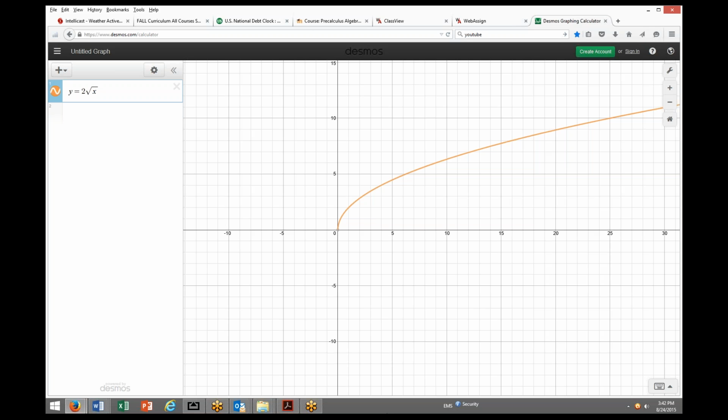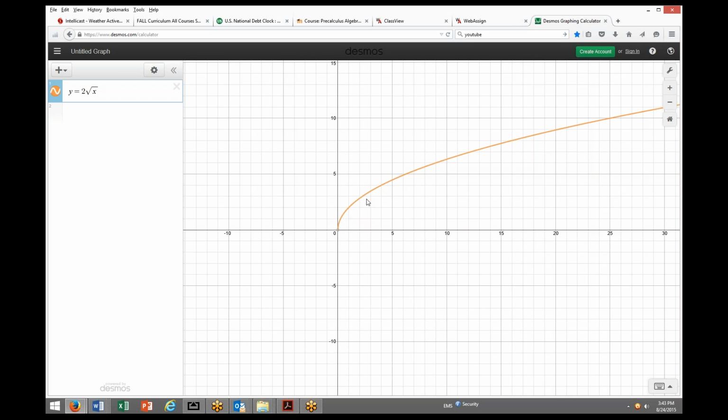So when x equals 4, y should equal 4, and sure enough, when x equals 4, you can see right here on the graph, it is true. Y equals 4 also, so the point 4, 4 is also a solution point on this graph. But notice the graph does not go straight from 0, 0 to 4, 4.